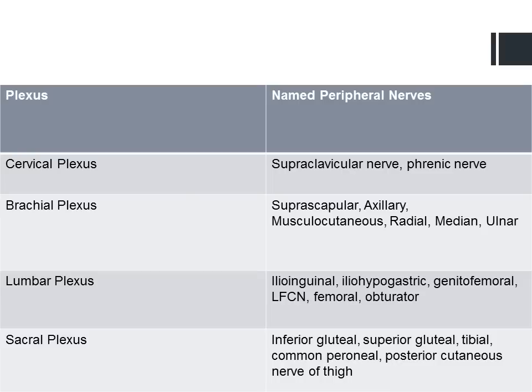And I remember in chiropractic school we had a mnemonic to remember the named peripheral nerves that come off the brachial plexus, and that was: my mother is usually always right. Musculocutaneous, median, ulnar, axillary, and radial.